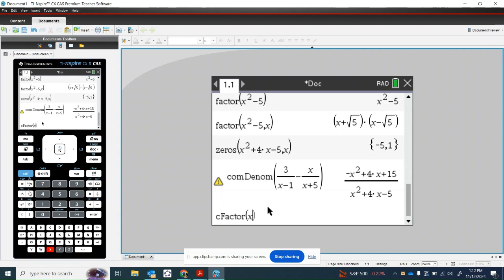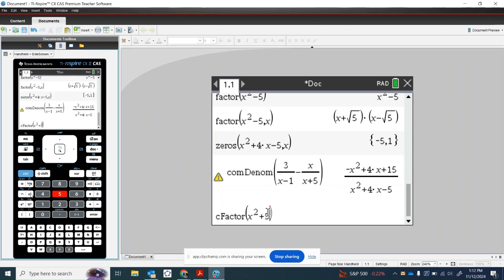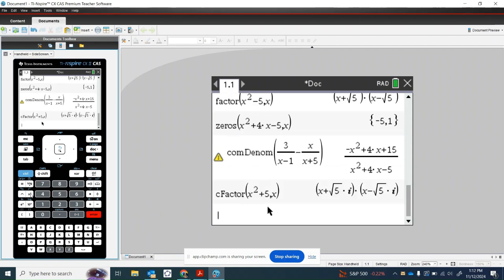So x squared plus 5, because when you subtract 5 and then you take the square root of -5, that'll put the i's in there for you. So again, this calculator does a lot for you. You just have to know what function you need to use, how exactly to type it in, when you do or don't have to add this extra little thing here of, yes, I'm doing it with respect to x, or things like that.